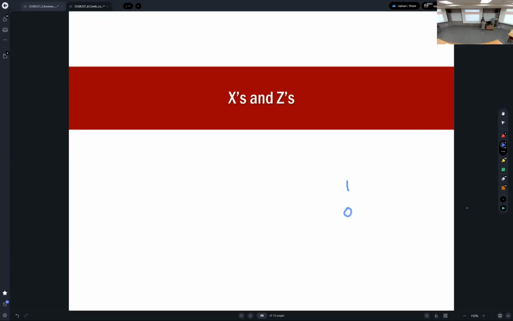But we will learn about other representations like X and Z. Why? We are learning about the digital system, and I also mentioned that a digital system has only two values, 1 and 0. How about X and how about Z? Why do we need to learn them?